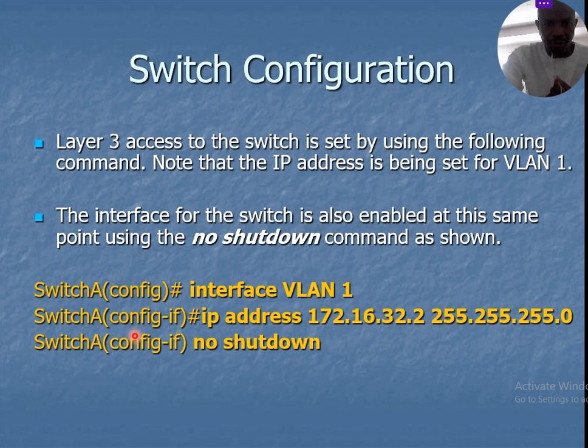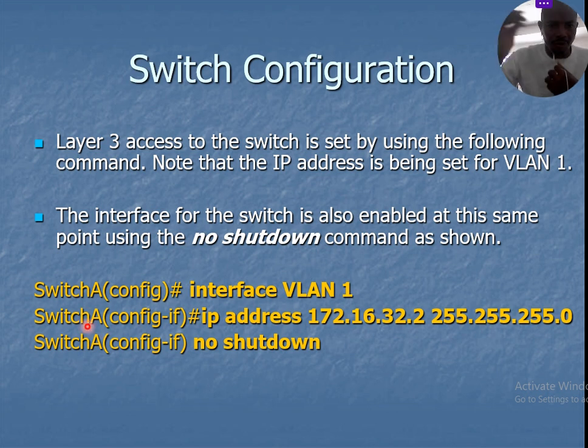If you say, for example, switch A config hashtag interface VLAN 1, you're configuring the VLAN interface now. The other ones we did were the password and every other introductory part. Now you say switch A because you've named the device switch A. No more just switch. Remember that was the first configuration we did in the first executive mode.